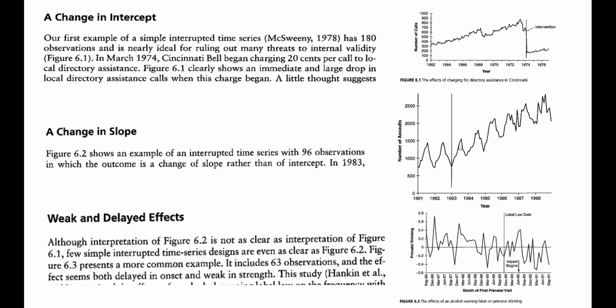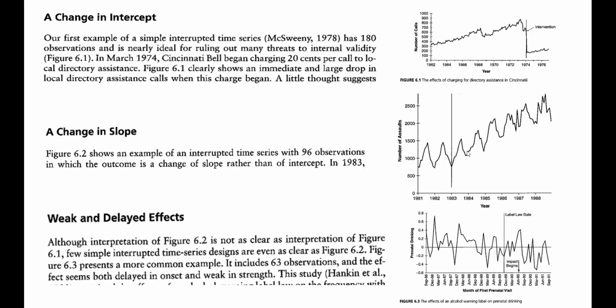We still see that cyclical pattern, which isn't the main focus of this data, but we see that this intercept, the point where that 1983 data begins, doesn't really change a lot from where we would expect it to be. So there's not a change in the intercept like we see in the graph above, but we do see a change in the slope. It starts to increase.